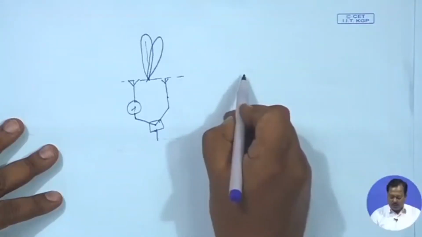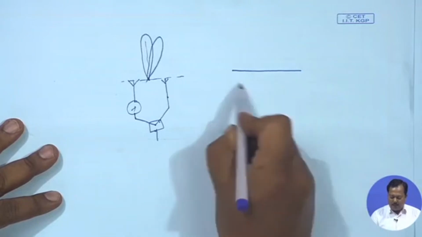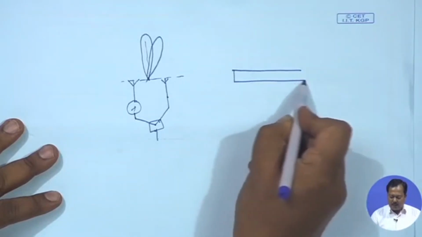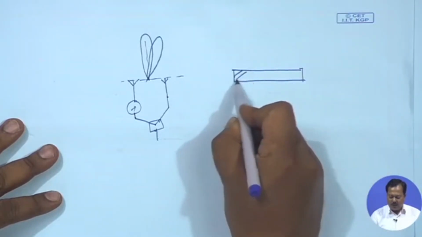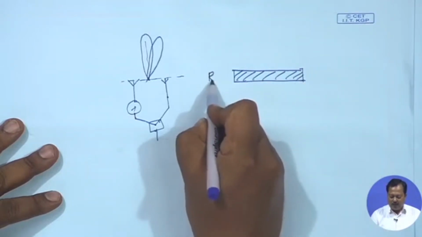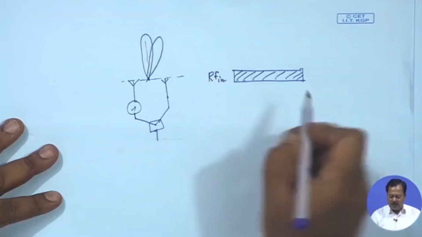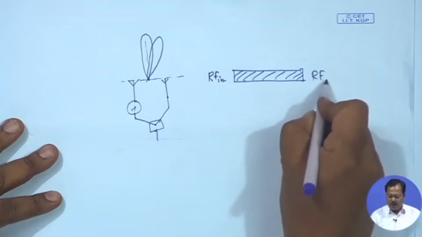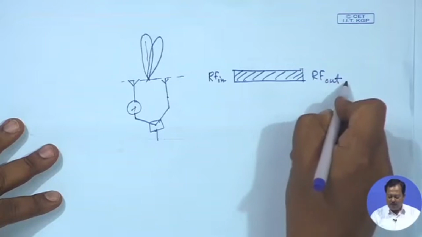So, let me draw a diagram better. Let us say we have a microstrip line, I am showing just the top view of the microstrip line, and the left hand side is the RF in point and the right hand side is the RF out point.